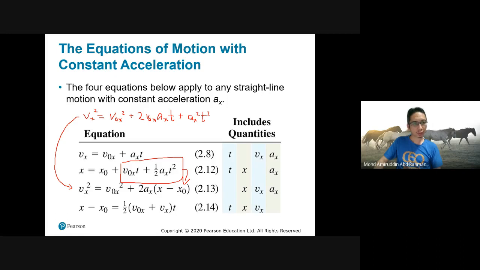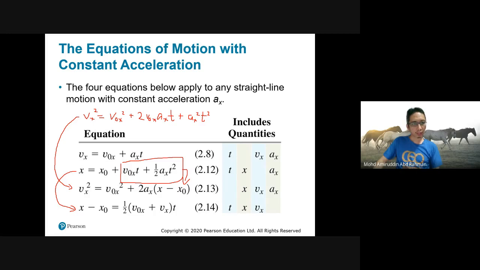For this one, you can also get that equation. You just bring the x naught to the other side, on the left hand side, and then you obtain this. Then you just take out t from there, and you are left with this term and also this term.